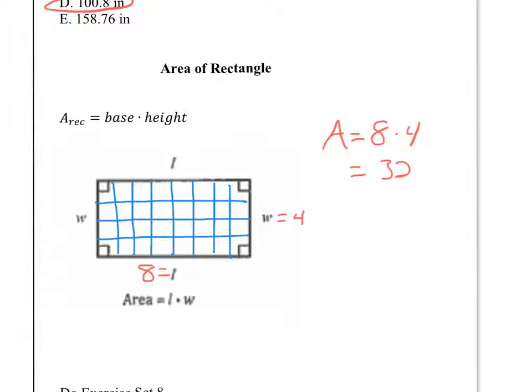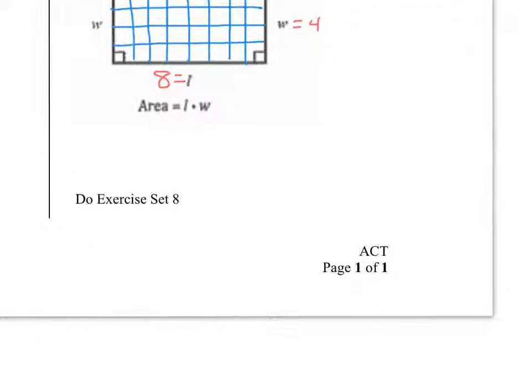So when you're asked for the area, it's how many square units can fit inside of it. So we have 8 this way and 4 this way. That's why it's 8 times 4, which is 32. You could count the spaces also. You're also going to get 32. So this area is 32 square units. We don't know what those units are. Could be feet, could be inches, could be sheep for all we know.